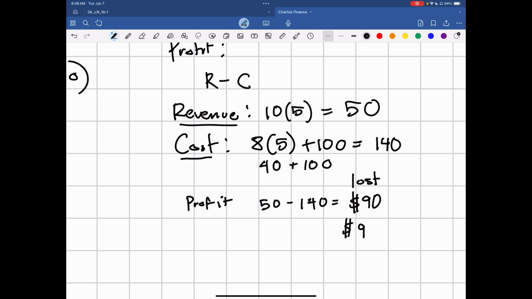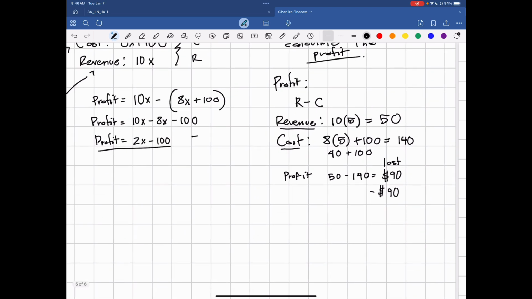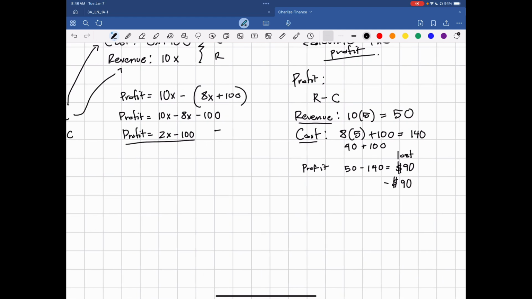I think the negative would go in front, but I'm not sure. But it would be a loss. So this is an example of a loss, but I'm saying that in theory, I would get the same answer with this equation, which is a simplified version.